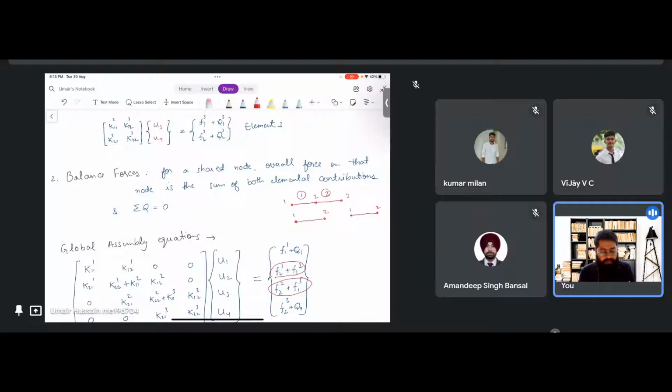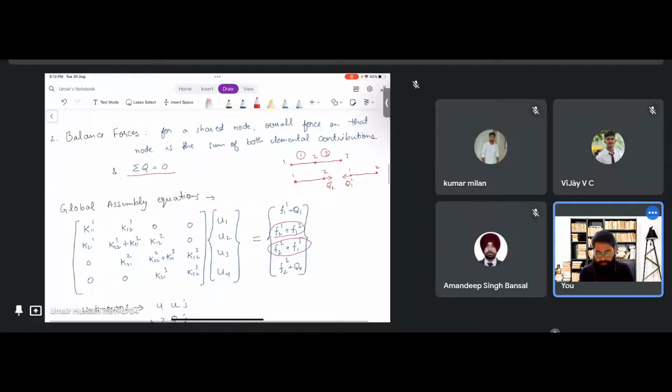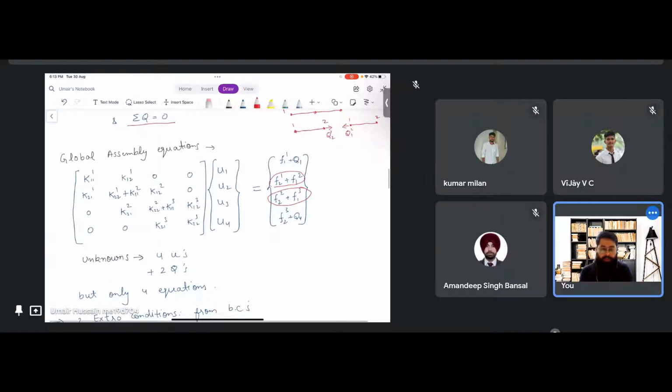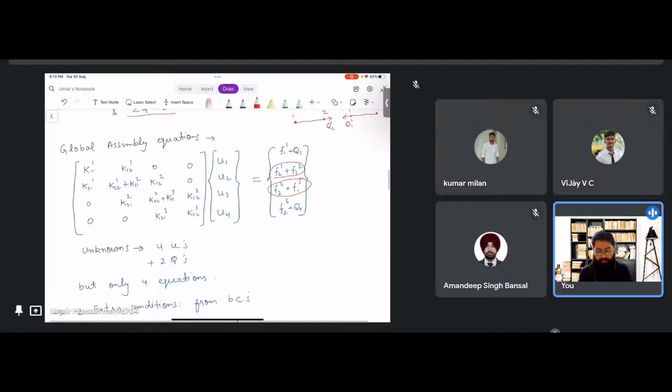Even in a mechanics problem, when we break some rigid body, we have some equal and opposite forces coming at each node. So we assign some value q1, q2, and so on. In nature they will be equal and opposite, and thus we have this condition. So this is the way we assemble the elemental contributions to get our global matrices and vectors.